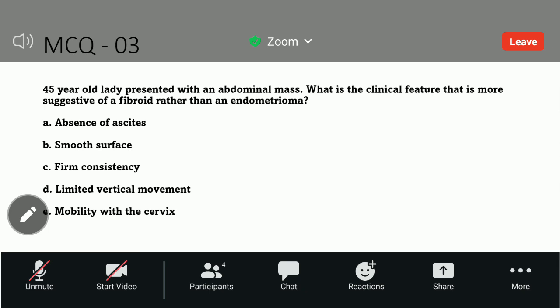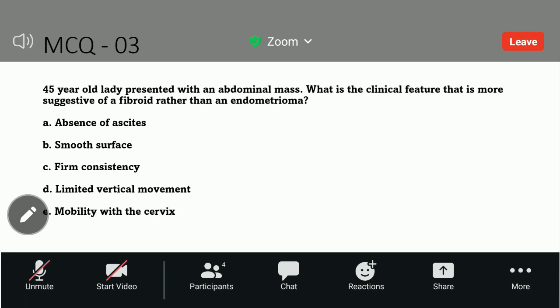Endometrioma is endometriosis. In endometriosis, we usually see huge adhesions. So the endometrioma usually adheres to the uterus. So even the endometrioma can have limited vertical movement. That is a tricky point. So limited vertical movement is not only for fibroid.